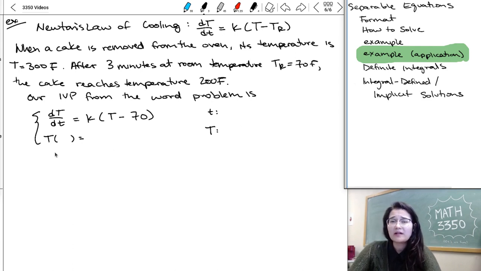And then our initial condition should tell us temperature at the start of the problem. And so our problem starts when we remove the cake from the oven. So I'm going to call that time 0. Nothing has happened yet. And then the temperature of the cake when it leaves the oven is 300 degrees Fahrenheit. So T of 0 is going to be equal to 300.